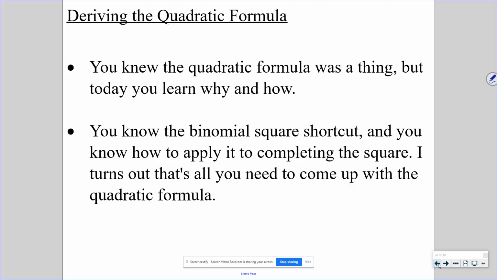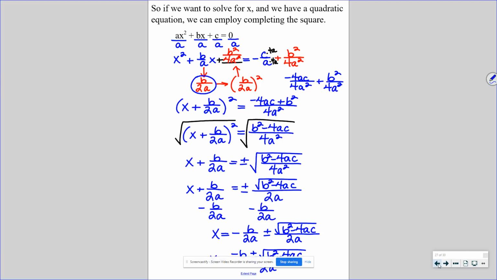Obviously when you look at this, you're like, oh my, that's so overwhelming. And you're right. But really all this is starting with the standard form of a quadratic equation and completing the square to turn it into the quadratic formula that you use so frequently, okay?